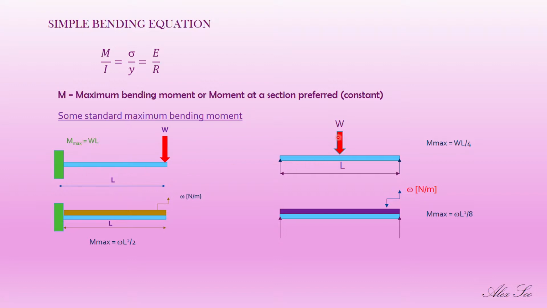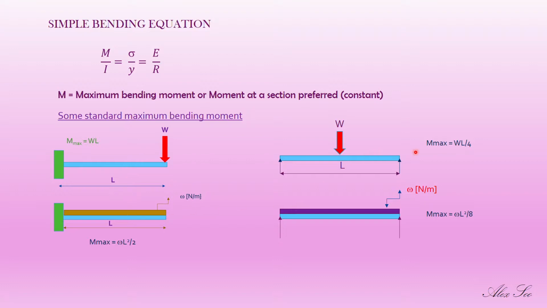Now we call this a simply supported beam, where it is supported at both ends. Sometimes it is supported at points within the length, any two points will do, and we call it simply supported. We don't have to actually calculate the maximum bending moment here. We just use certain standard formulas for these four standard diagrams.